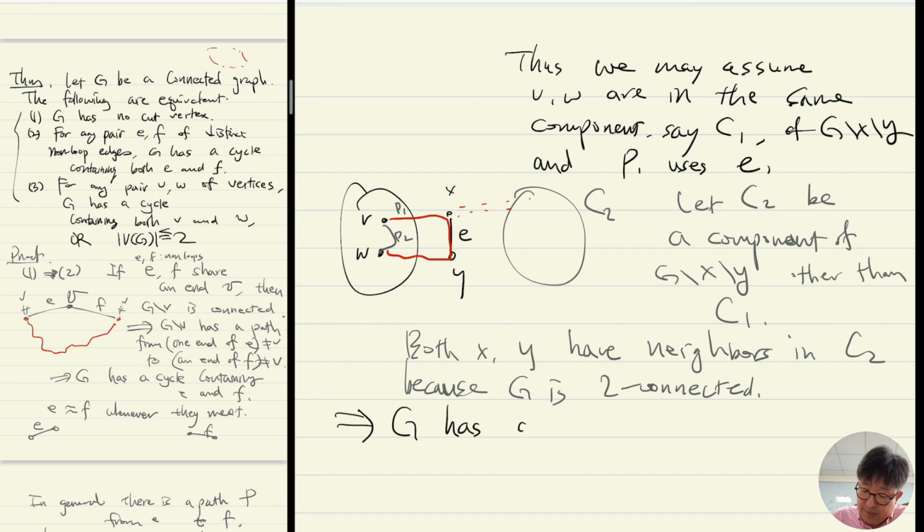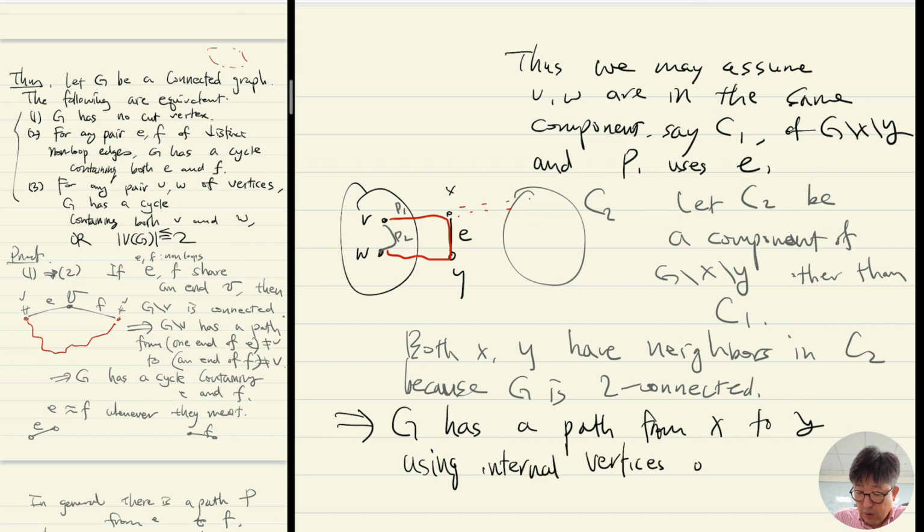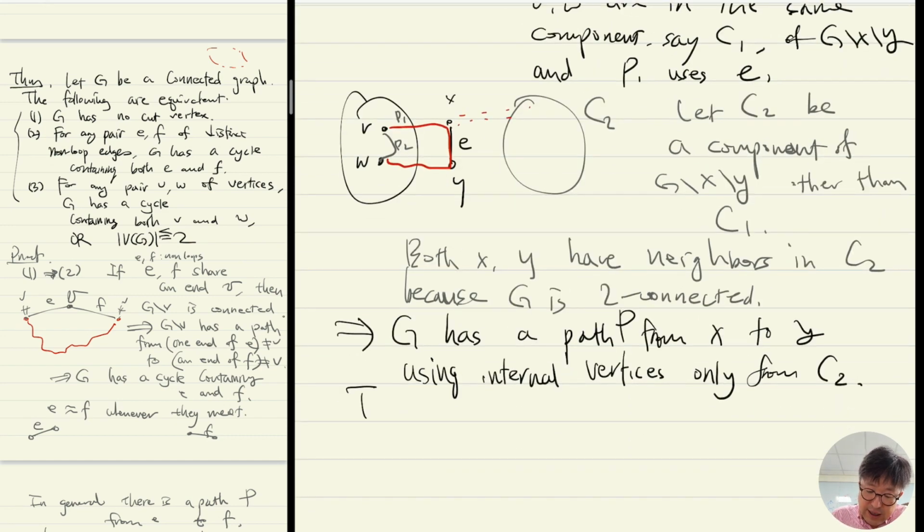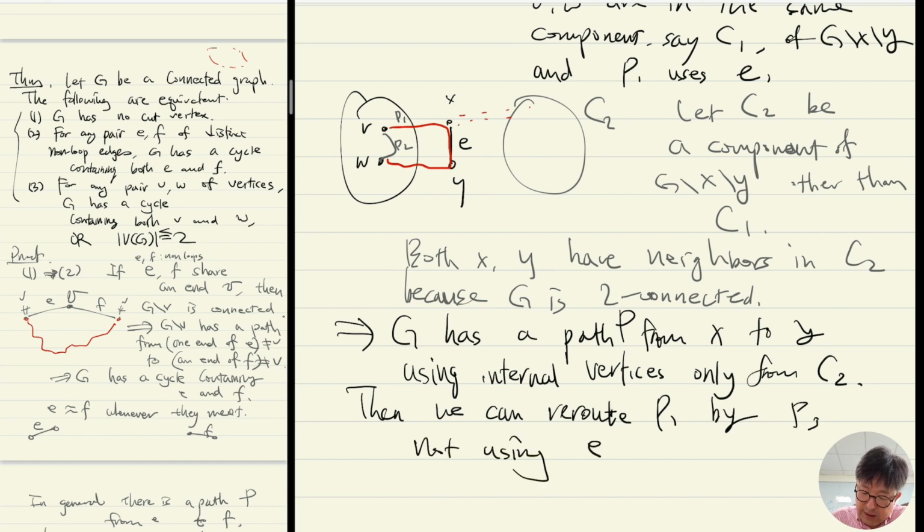So G has a path from x to y using internal vertices only from C2, let's say P. Then we can reroute P1 by P, right? So not using e.